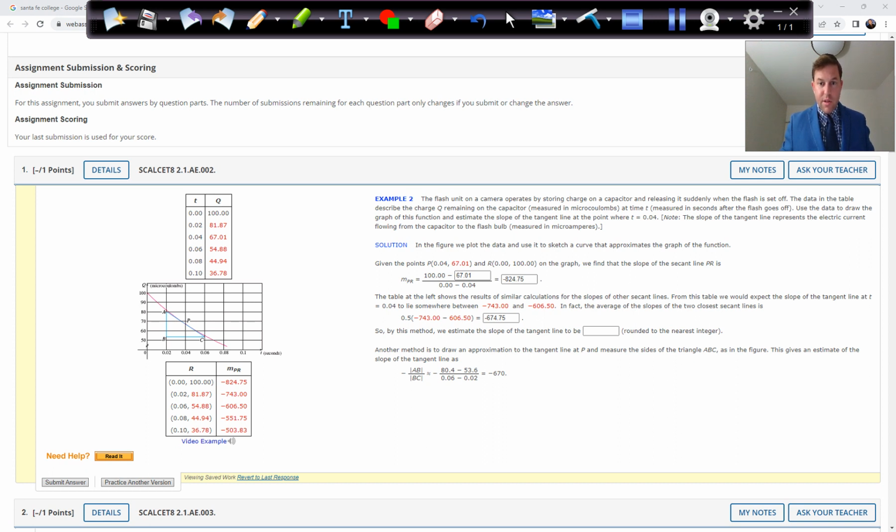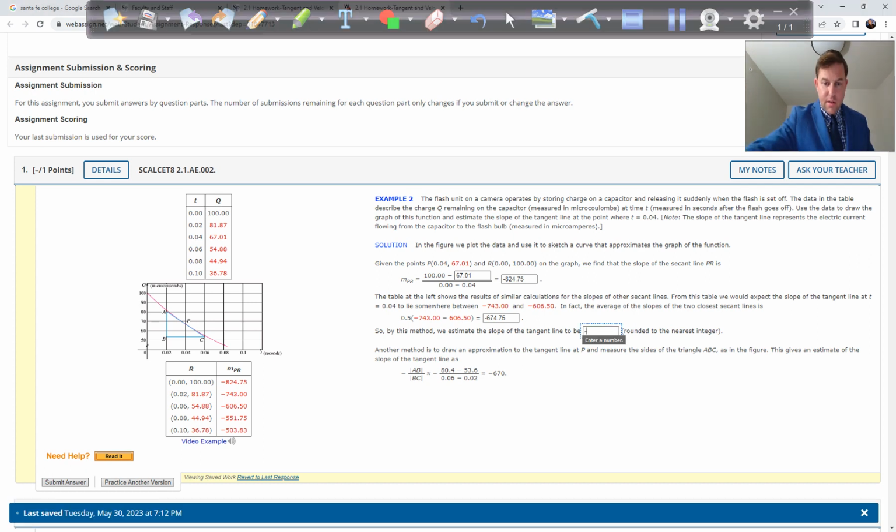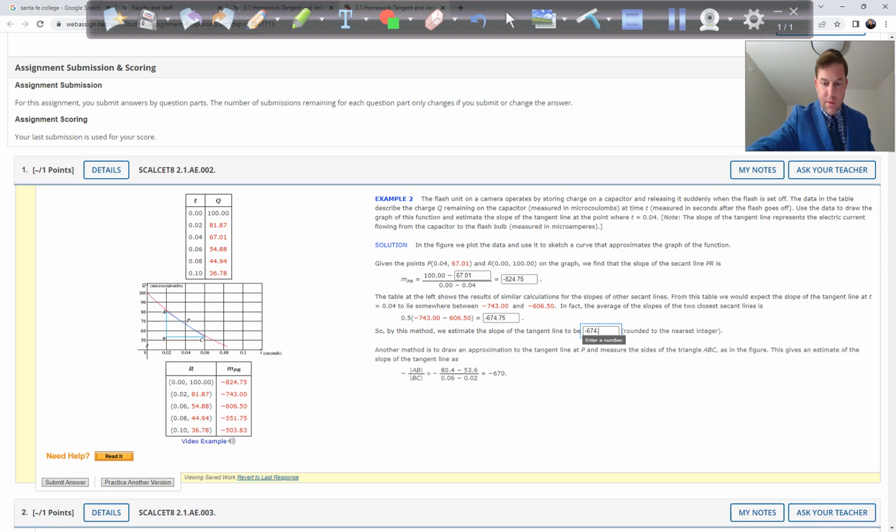So we're going to estimate the slope of the tangent line to be exactly that, negative 674.75. To the nearest integer, we're going to call this negative 675.